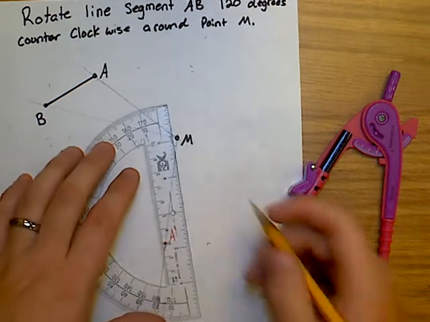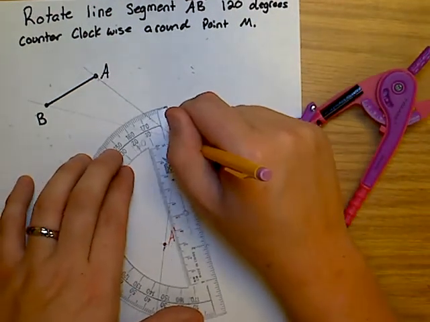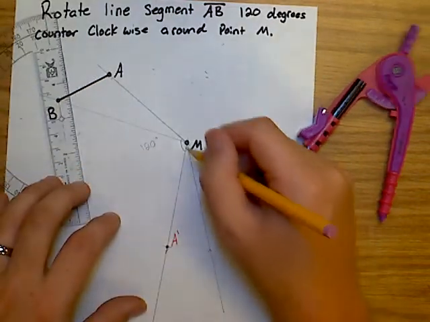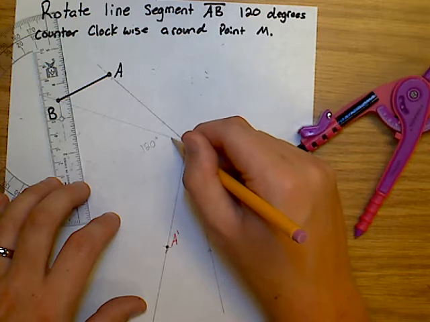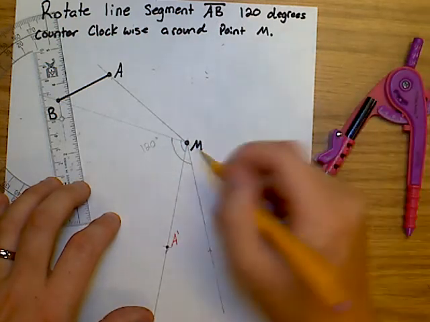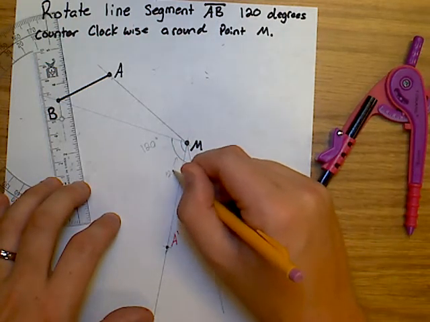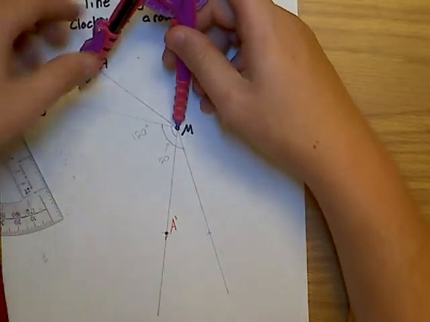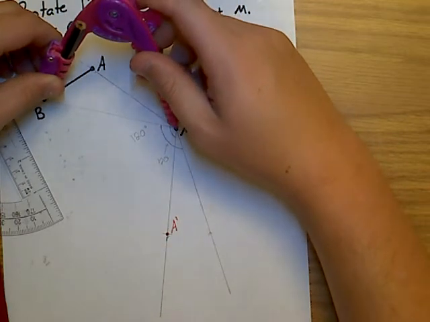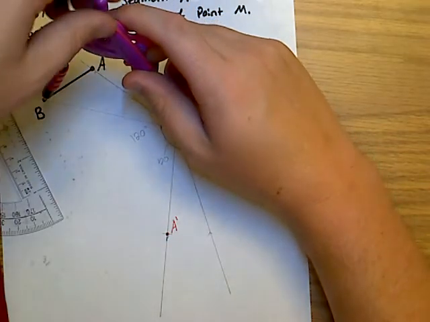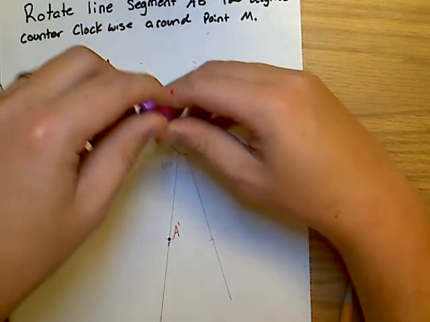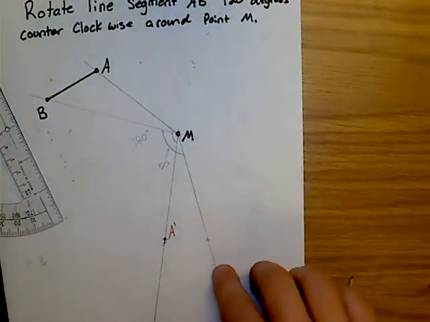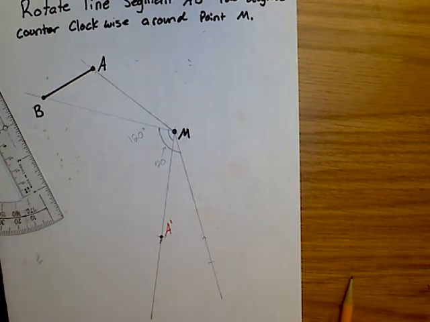Like that. Then I go back and I create a straight edge from my rotating point. So now this line here is 120 degrees. Now I take my compass again and I measure the distance between them. This, and I can rotate all the way around, and this is where it'll intersect with that new line we just made, right here.